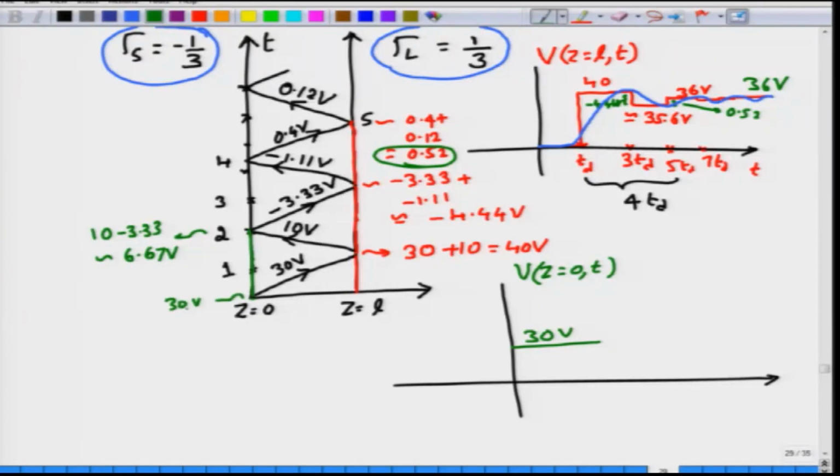So, at 2 Td you have a total voltage of 30 plus 6.67, so at 2 Td this will just jump to 36.67 volts. This is at 2 Td, and this is of course at 0.